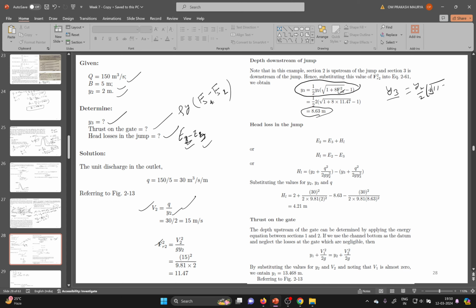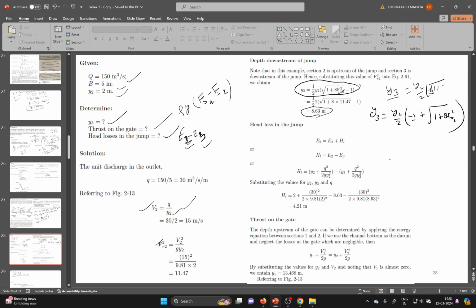Similarly, let me explain very briefly. Your y3 is equal to y2 by 2 times minus 1 plus root of 1 plus 8 Fr2 square.